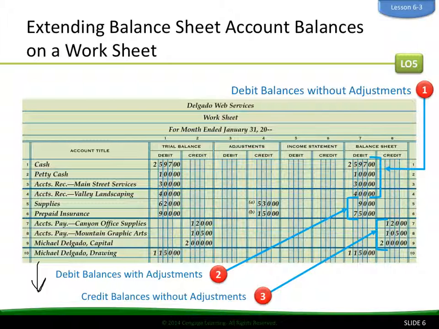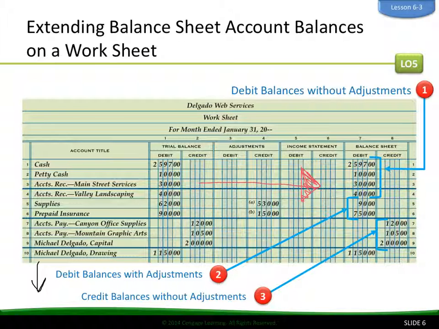So here we have all the accounts we've put in and all the debits and credits. And then for supplies and prepaid insurance, we have the adjustments. And today what we're going to do is take all of this information and carry it over.